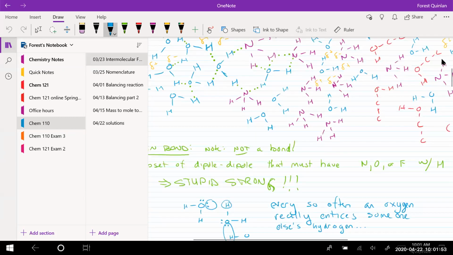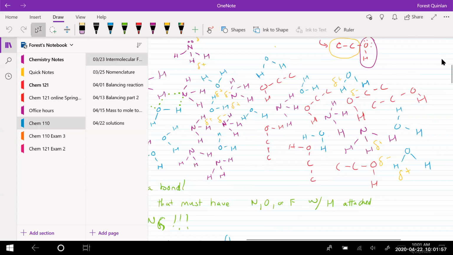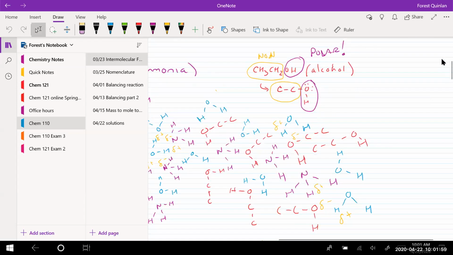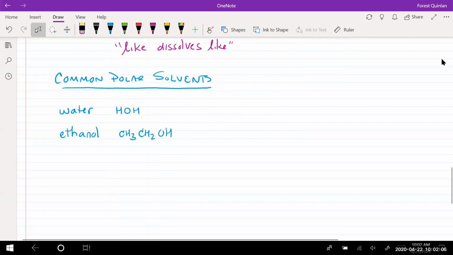There's your water, your ammonia, and right there is your CH3CH2OH, showing that it is polar. We might as well go ahead and throw some methanol in there. And that's CH3OH. Other things, since we had it there, ammonia.